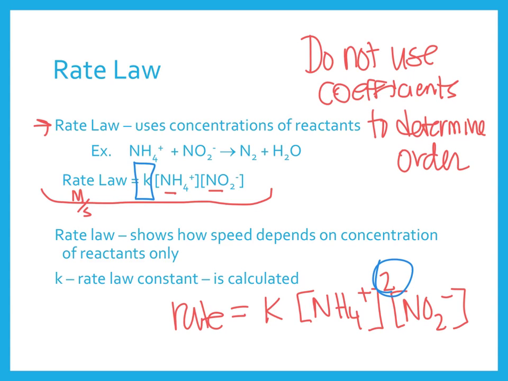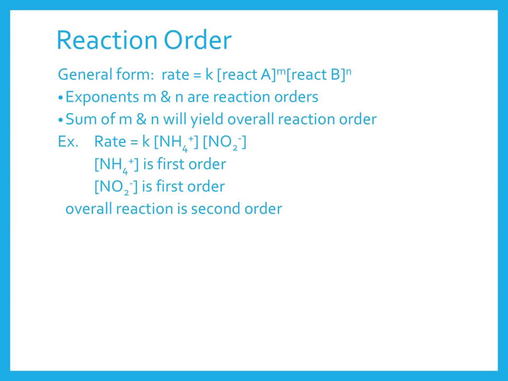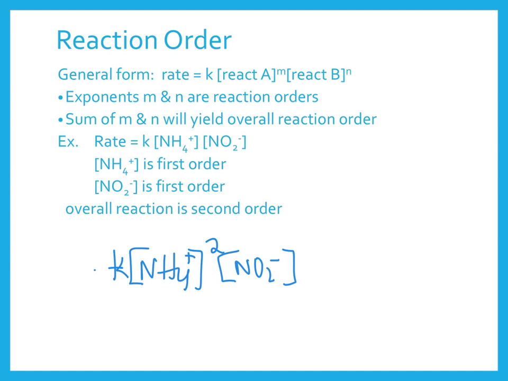What that's telling me is that my NH4 is a different factor than my NO2. Just like that example where I had the NH4 raised to the 2, and NO2 with no power. That is the order for the reaction. The exponents after each concentration term are telling you the order for the reaction.